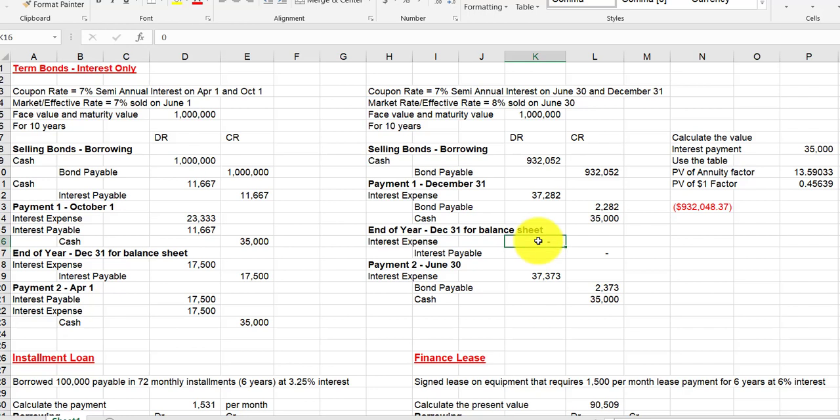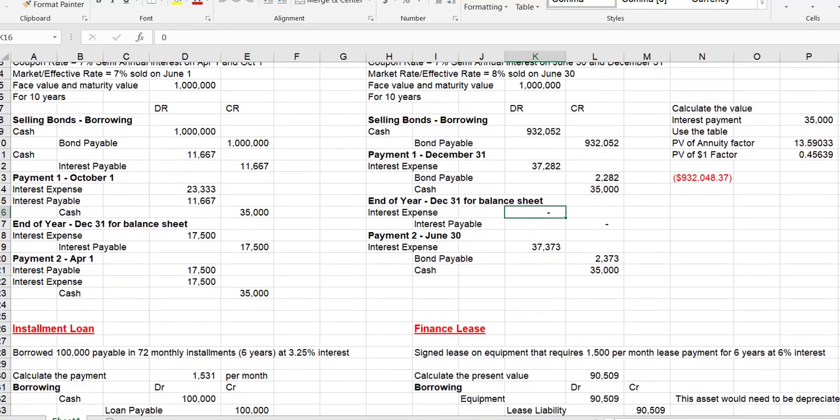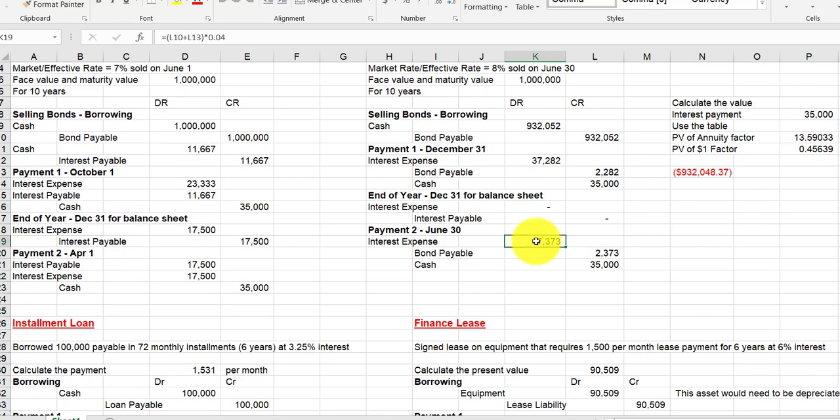Now, why don't we need an adjusting entry at the end of the year in this case? Well, we just paid it. We paid the interest on December 31st, so there's been no time to accrue interest between the time we paid it and the time that we do the balance sheet at the end of the year. Next payment.